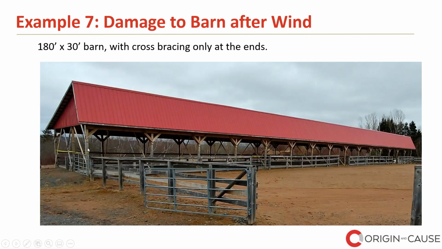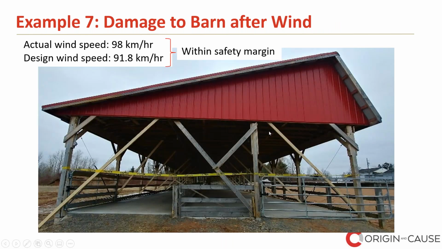This was a 30 feet by 180 feet long barn under some windstorm. The braces broke, and we checked the design load, the design wind speed. It was 91.8 kilometer per hour, and the actual wind speed was 98 kilometer per hour. So it was obviously 98 was more than 92 kilometer per hour, but it was still within the safety margin.